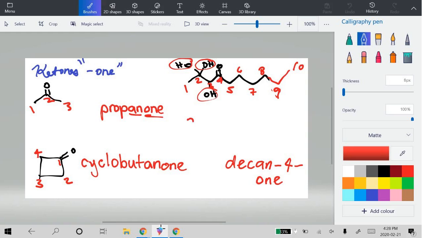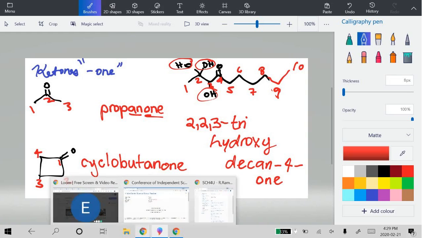And I have to list numbers for every hydroxyl there. Even though it's coming off of 2 in 2 places, I write it twice. 2, 2, 3, and then tri for 3 of them, hydroxy for the side chain OH. And all together, that's 2,2,3-trihydroxydecan-4-one. And that's it.